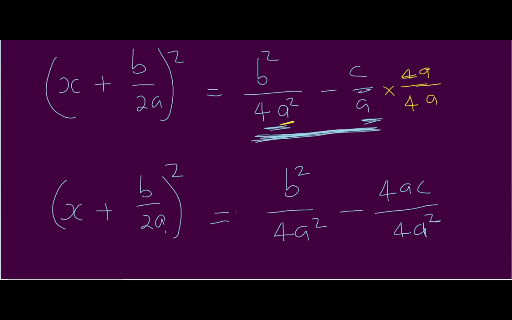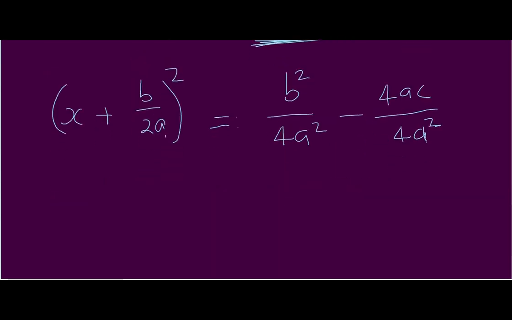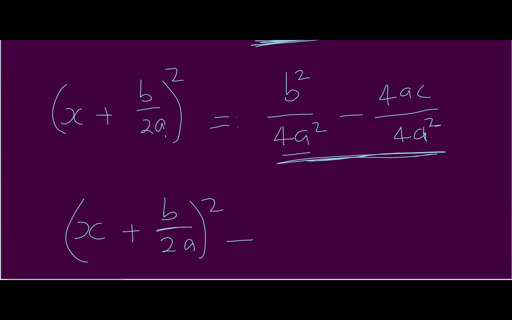Then from here, we're going to have what we call the same denominator. And in having that, obviously these two terms have the same denominator, so we're going to have x plus b over 2a equals b squared minus 4ac, all divided by 4a squared.